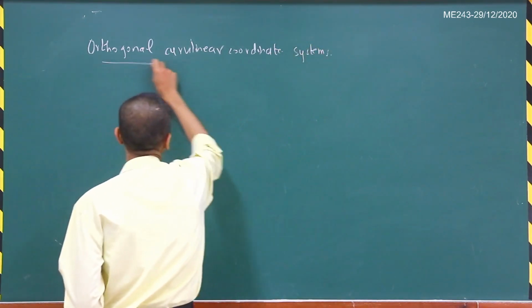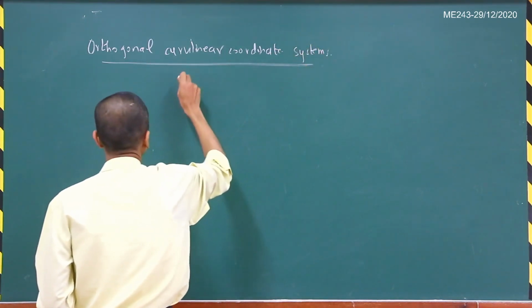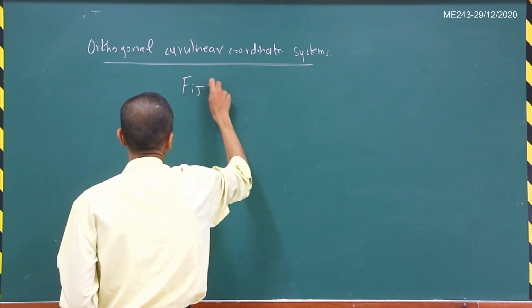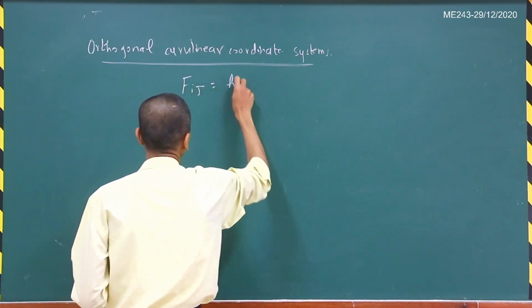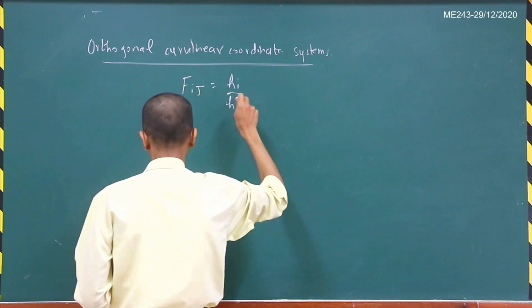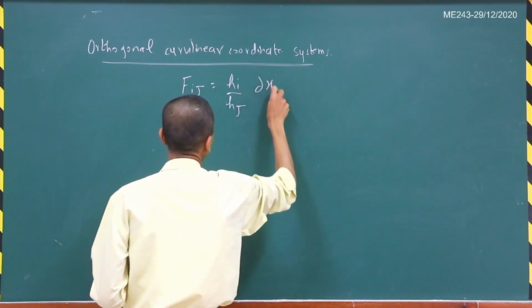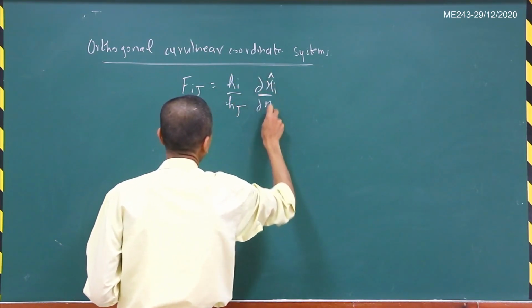The deformation gradient is given by Fij is equal to Hi by Hj times del chi i hat by del eta j.